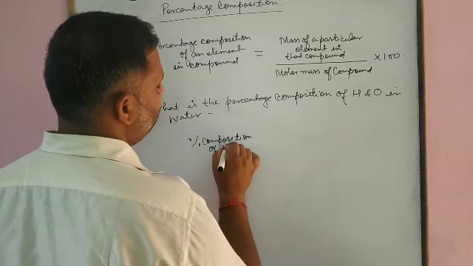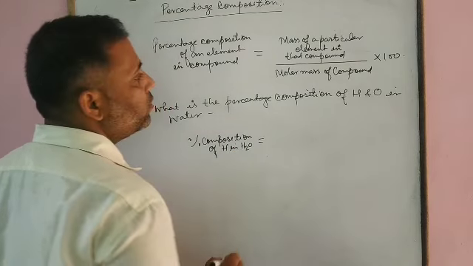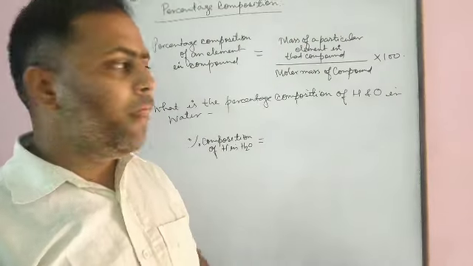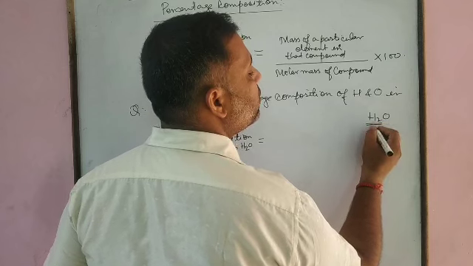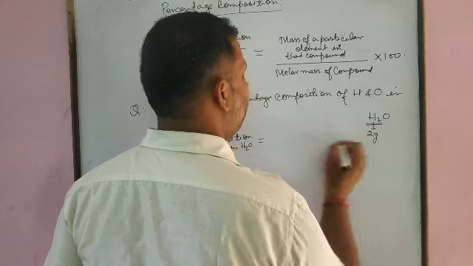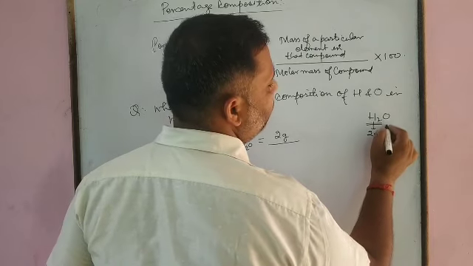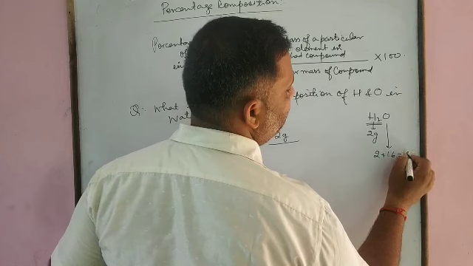of hydrogen in water is equals to, we know, the mass of hydrogen in water. Water, we know, it is H2O. And the mass of hydrogen is 2 grams. Then we will write 2 grams. What is the molar mass of water? Molar mass of water is equals to 2 plus 16 equals to 18 gram.